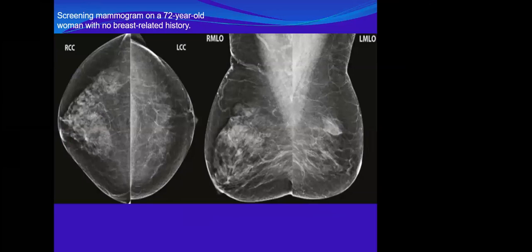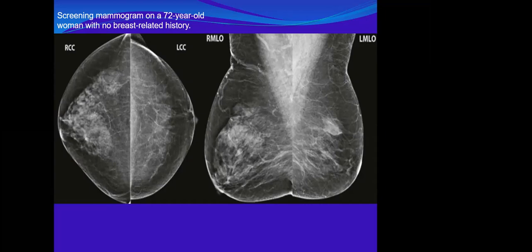And what about this? Screening mammography, a 72-year-old woman with no breast-related history. What is the abnormality? No asymmetry here? Global asymmetry.